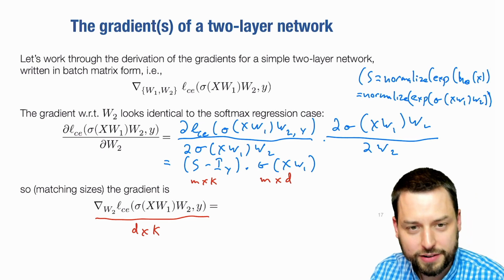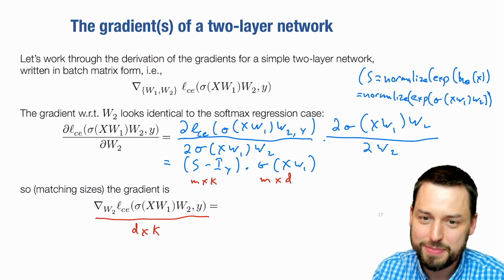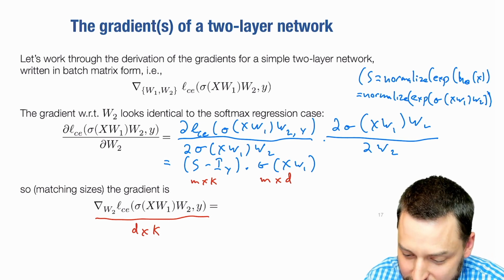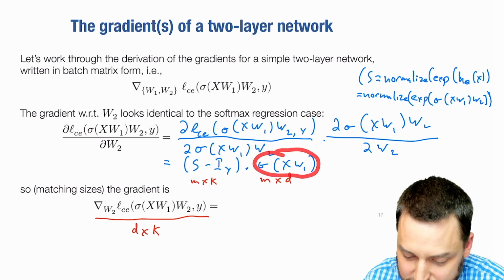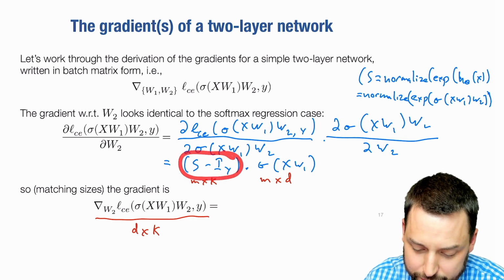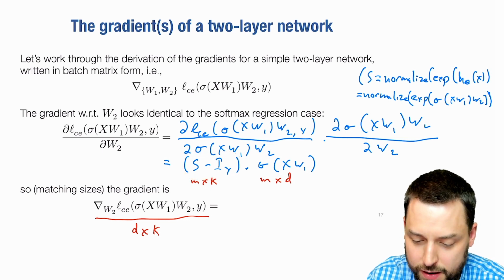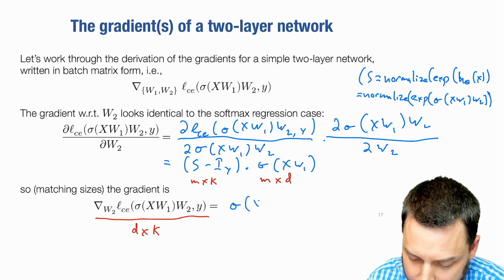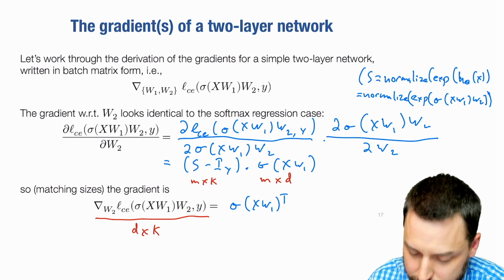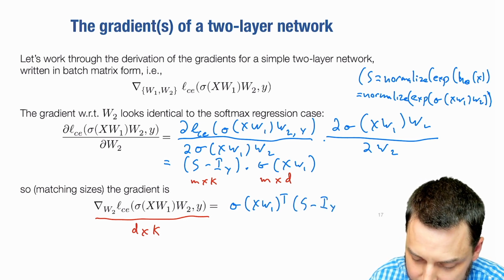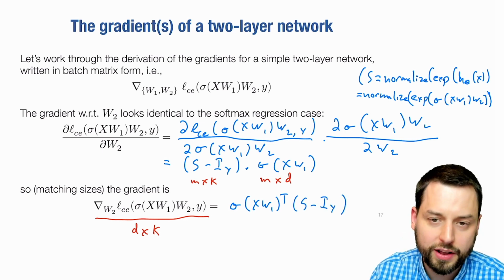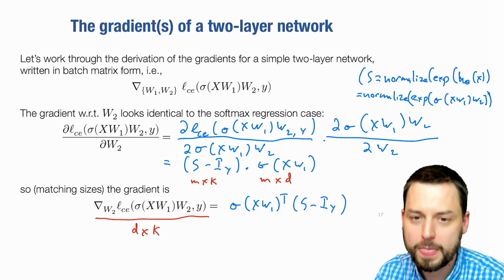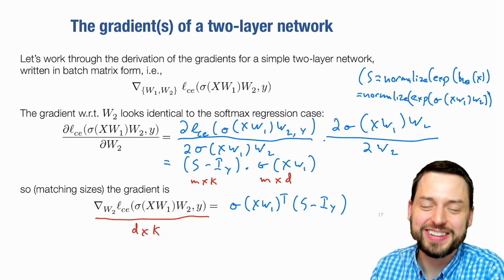To make the sizes work out, this was the exact same thing we did last time, you have to take this thing, transpose it, and multiply by this thing. So the final form of our gradient will just be sigma x w1 transpose times s minus iy, where iy is just a one-hot encoding of our labels across the whole data set.